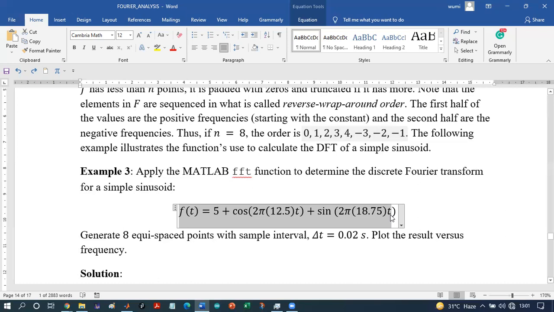At f2, this is 0.04. We know the sample interval is 0.02, so we just keep incrementing the t by 0.02.